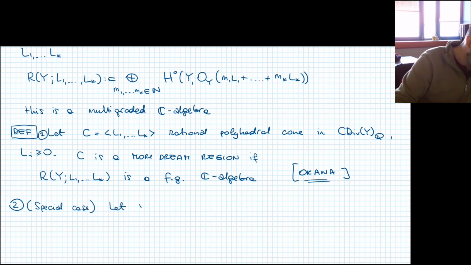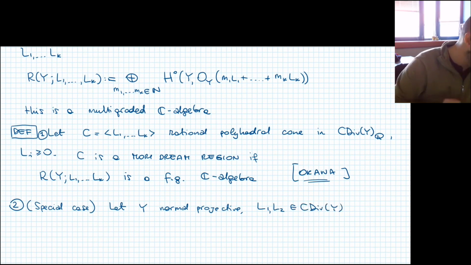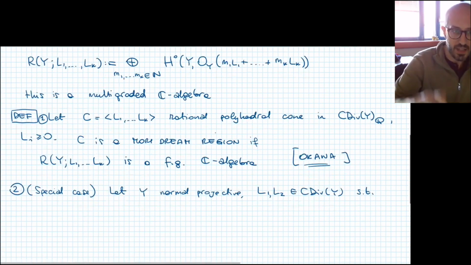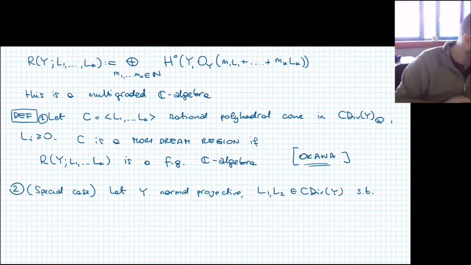So let Y be normal projective, and let's pick two Cartier divisors, such that, and then we add some more constraints just to make the construction better.